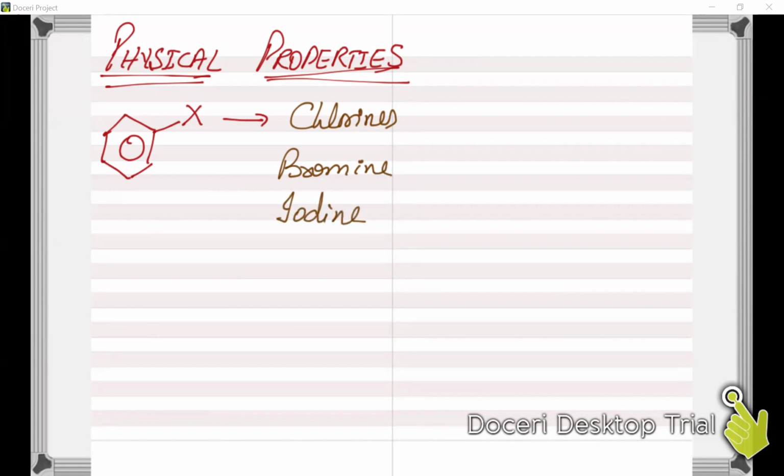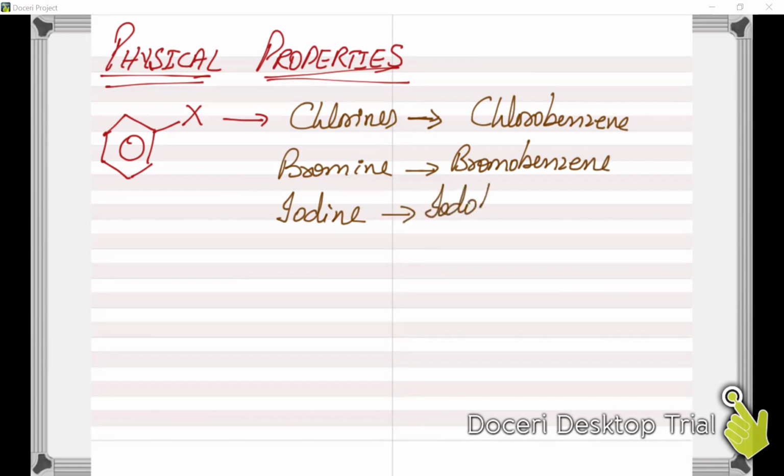Fluorine will not be attached because the reaction can be explosive or very unpredictable. If a chlorine is attached to benzene, it is known as chlorobenzene. If a bromine is attached, we call it bromobenzene. If it's iodine, we call it iodobenzene.